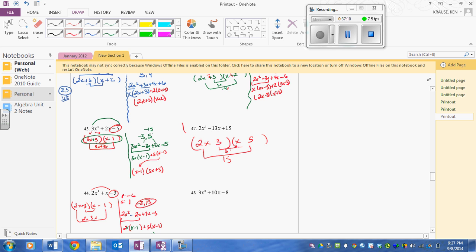Is that going to be 12? That's negative 13. So that's not it. So let's try it this way. 2x minus 5, x minus 3. Is negative 6 and negative 5. Negative 6x and negative 5x add to negative 11x. Done.